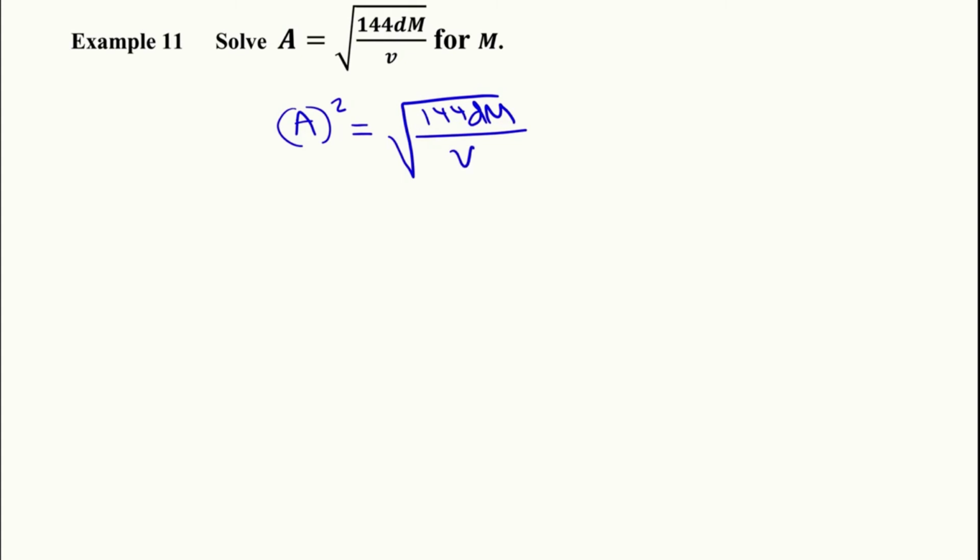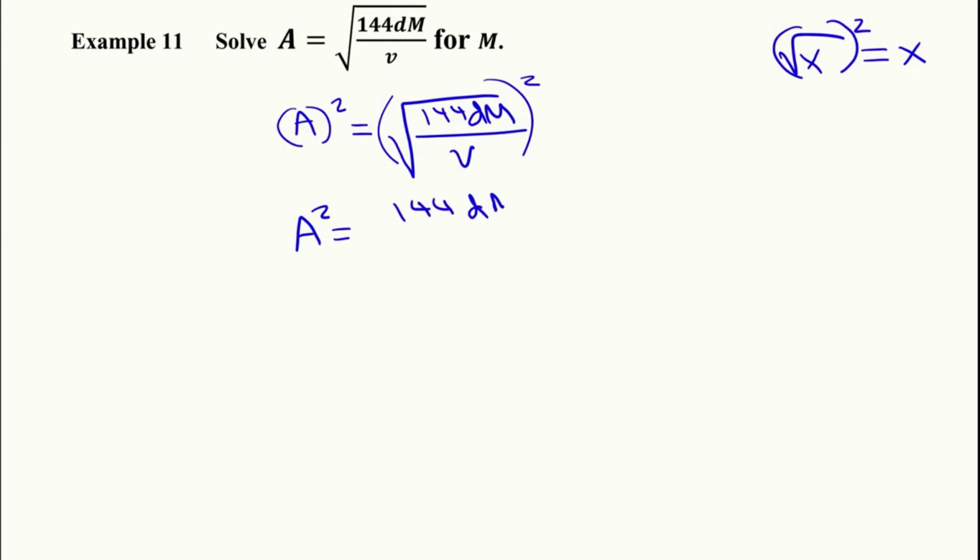Maintain the case of every letter, if it's capital or lowercase. All right, so we end up with a squared equals, we know that the square root of any radicand squared just gives us the radicand. So here we're just going to get 144 dm over v.